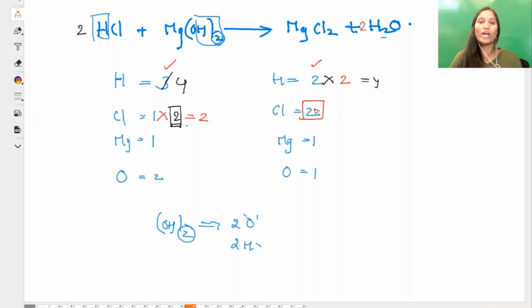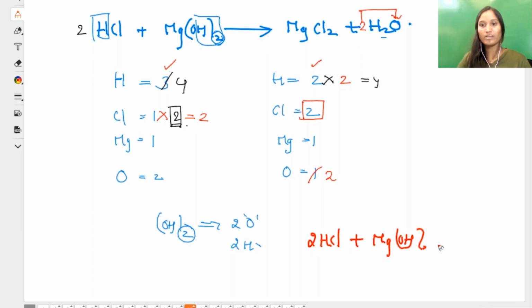So let me take 2 hydrogens here. But it has an effect on oxygen count, correct? So how many oxygens do we have here? 2 oxygens. Luckily, automatically balanced. Magnesium is anyways balanced. So the balanced chemical equation right now is what? Balanced chemical equation is 2HCl plus Mg(OH)2 leads to formation of MgCl2 plus 2H2O.